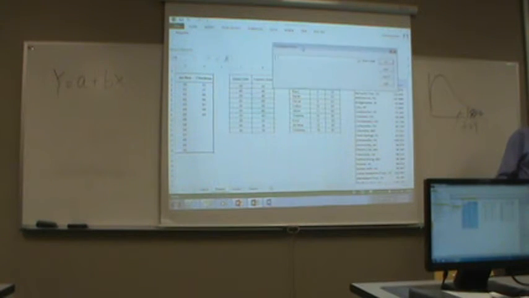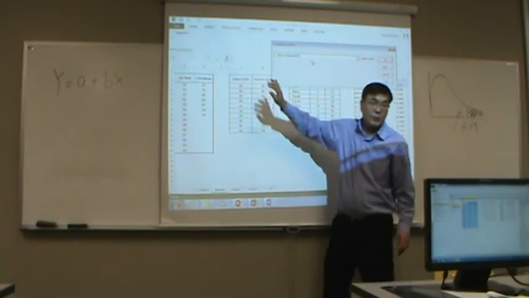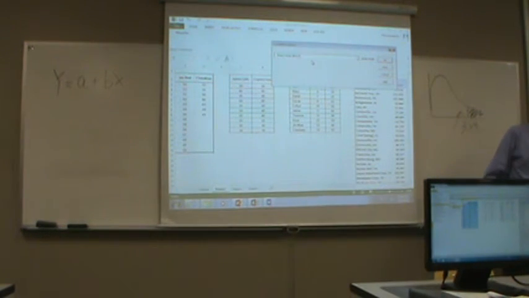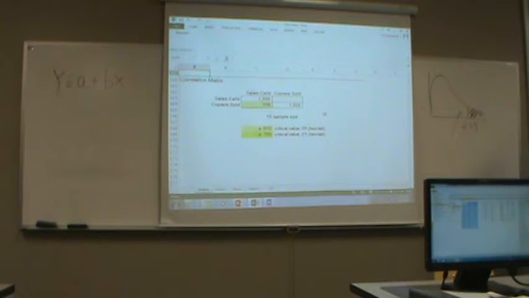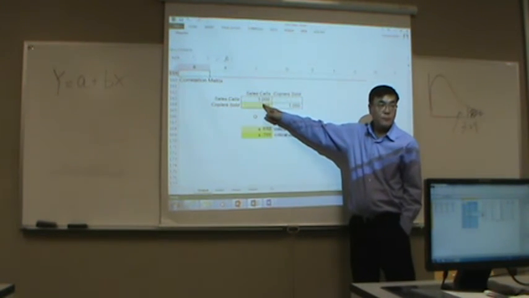This asks for the input range, specify everything, and then okay. This one, 0.759. This is R.